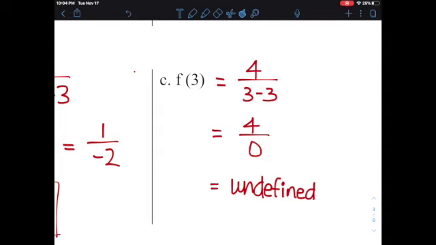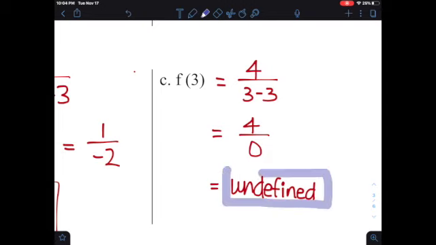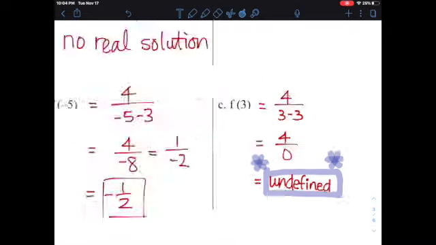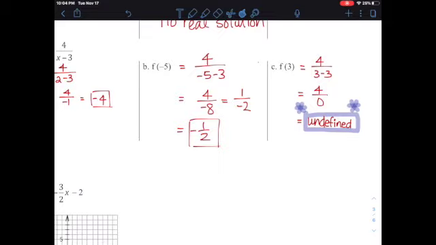That means you did not simplify all the way. It's like leaving 4 over 4. You did not tell me that's 1. So if you are going to get this kind of answer, I want the word undefined. Very, very important. Okay? Next.